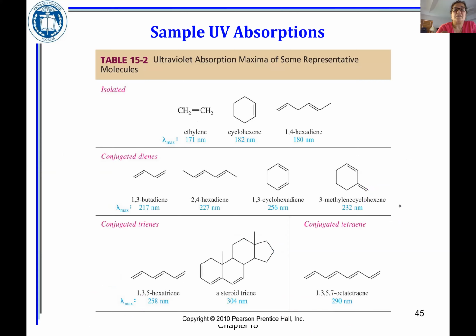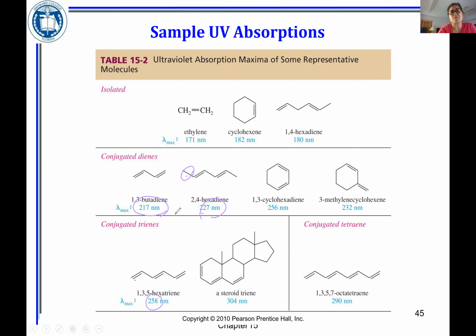Example like this, okay? In a conjugated system, you start with 217. Every time you add another carbon, you're adding about 10 units. But going from 2 pi bonds to 3 pi bonds, you're adding 30 units. When you're adding a carbon, you're adding only 10 units or 5 units.